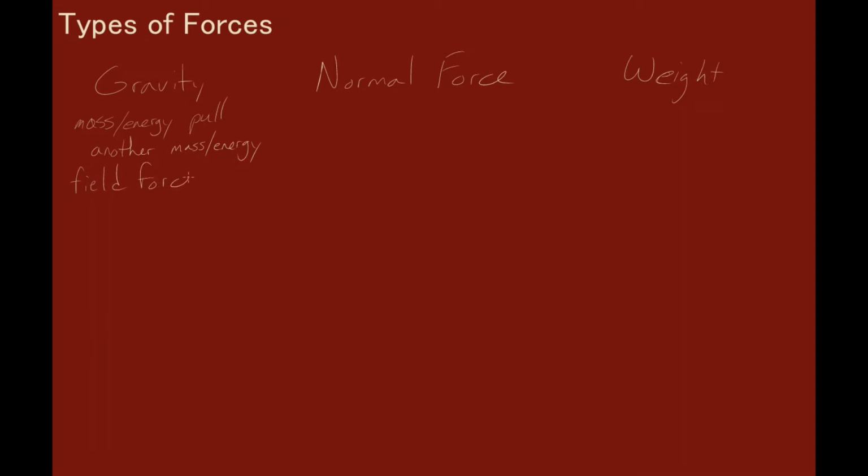And what do I mean by that? A field is any space where we can have a definable physical quantity. In this case, it would be the magnitude of the force. So if you imagine a planet, gravity would pull down in all directions.